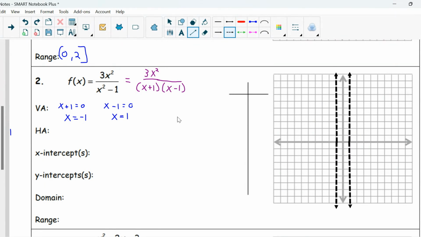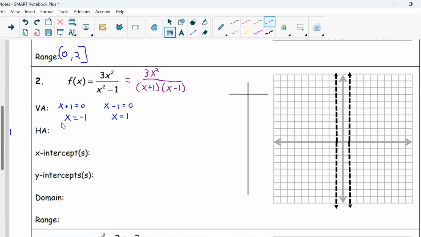All right, now my horizontal asymptote. In this case, referring to my table in the last lesson, both of my exponents are equal to each other. So that means that we have to refer to our leading coefficients. Remember, it's a fraction with the leading coefficient of your numerator over the leading coefficient of your denominator.